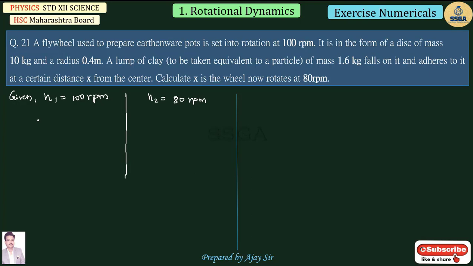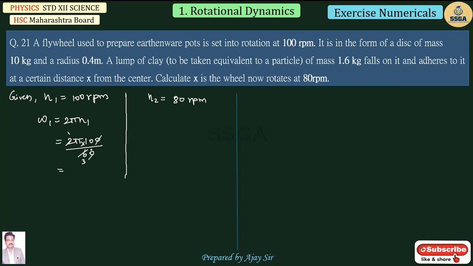Omega 1 is 2 pi n1, which is equal to 2 pi into 100 divided by 60, because it is in seconds. So 0 0 get cancelled, 2 1s are 2, and 2 3s are 6.